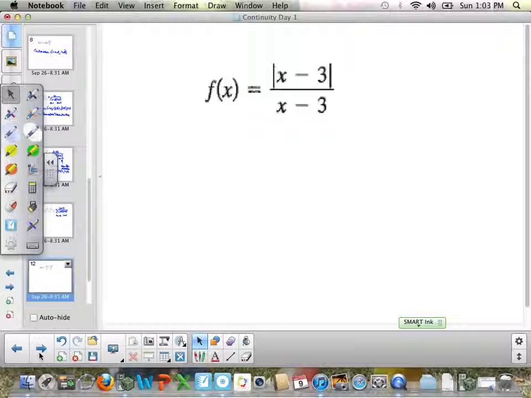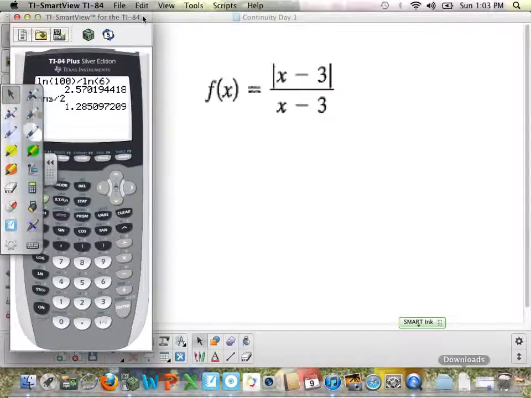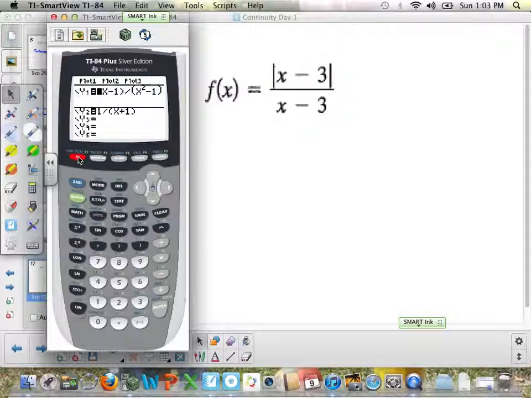This one's a good one to look at graphically because we haven't really done these ones by hand. So if we take a look at the discontinuity for this one, we'll pull out our graphing calculator. And in y1, I'm going to graph the absolute value. So I'll hit math, go over to numbers. Number 1 is the absolute value of x minus 3, divided by x minus 3.